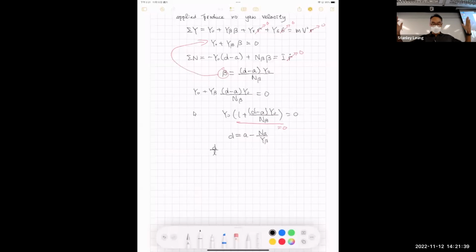So L is A plus B. Okay, and it is equals to A over L minus N beta over Y beta times 1 over L. So we can call this neutral steer point dimensionless.